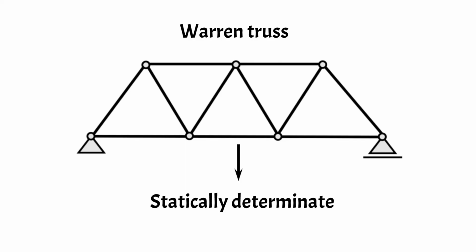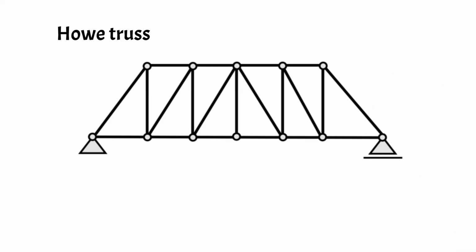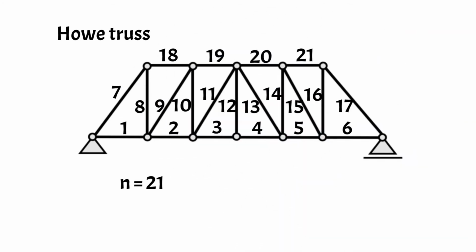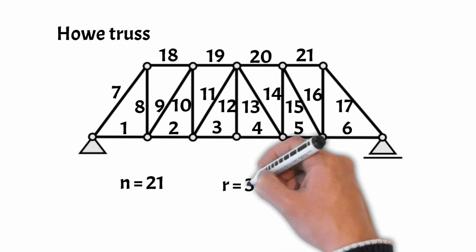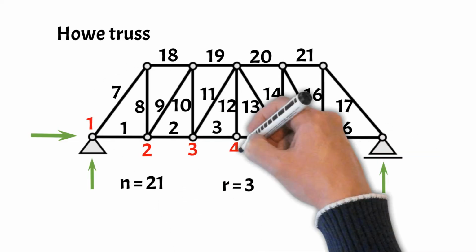Let's look at another example, the Howe truss, where we again define the number of members, bar elements, that is 21. Then the number of support or reaction forces equals 3 because we have a pin and a roller support. And the number of joints equals 12.